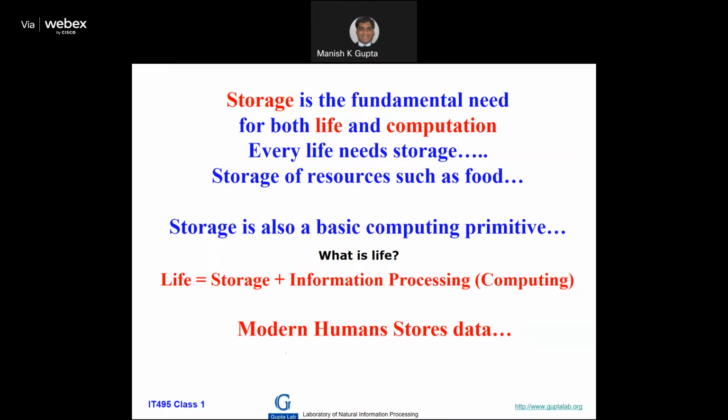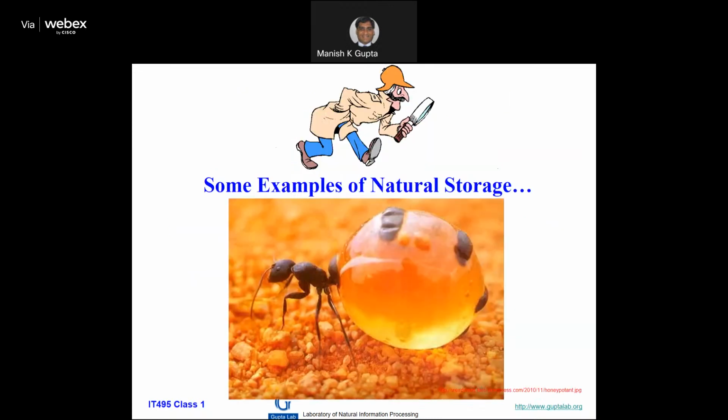And we as modern humans store data. These are some examples of natural storage. I don't know whether you saw this. These are honeypot ants. They store honey in their stomach, right? So in nature, you will observe different kinds of storage mechanisms.